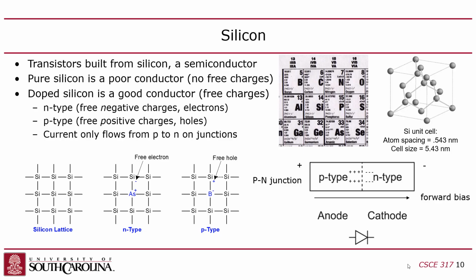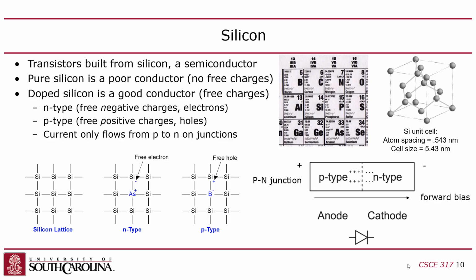The electrons over here in the N-type and the holes in the P-type will come together, right? And this will allow you to pass current from the P-type to the N-type across this junction here, right? This is called forward bias, right?